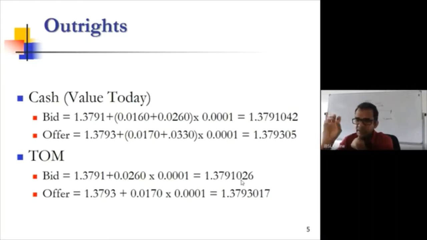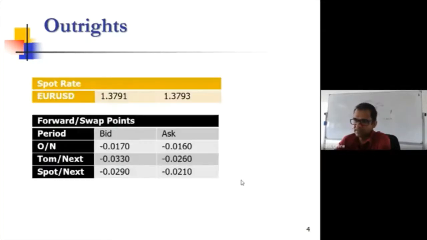And again, if it is for a swap transaction, the only difference is you may take the midpoint or the middle rate of the spot and do the same adjustment, and the points are given. Tom next and spot next, that means spot next, is something where we are going forward.